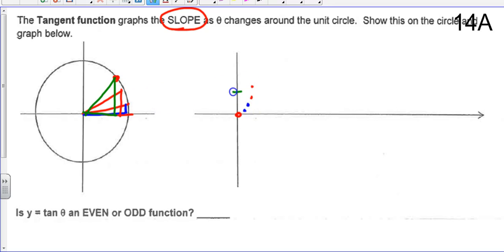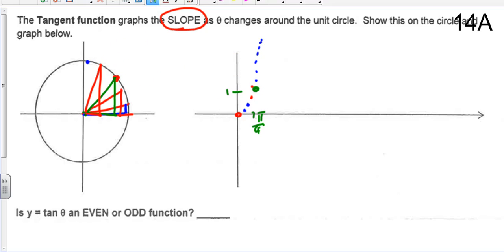So it hits a value of 1 at pi over 4. Okay? Now, what is true about something up in here in terms of the rise and the run? The rise is much greater than the run, more than 1 times as much. If I go clear up to here, it can be really big, right? So these points continue to go up.